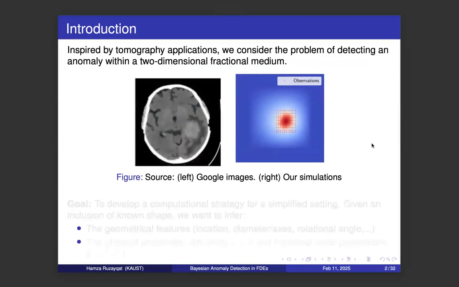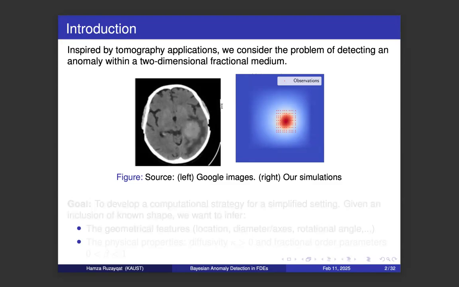So what we see here on the left side is a CT scan or MRI picture of a brain. And here in this part there is an anomaly.